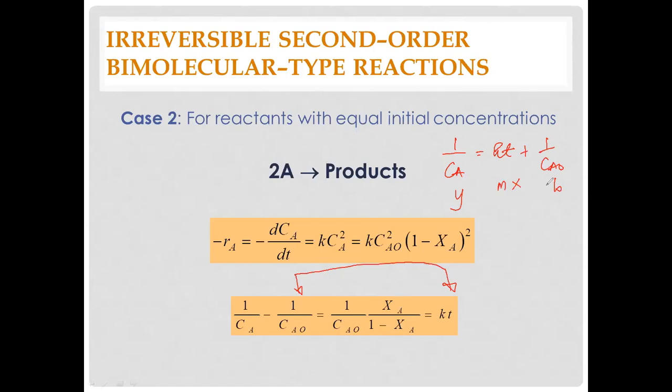And you will have here XA over 1 minus XA being equal to, coming from here, you transfer the CAO in here, so CAOKT. So it's different than the equation of the line you have here. This one is your Y, and this entire thing is your M, and you have X for the T. You don't have a Y intercept in this case.